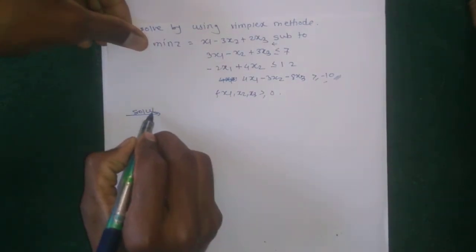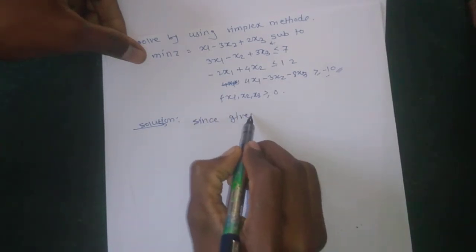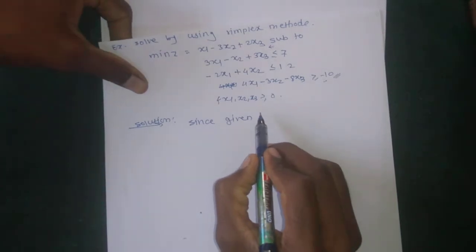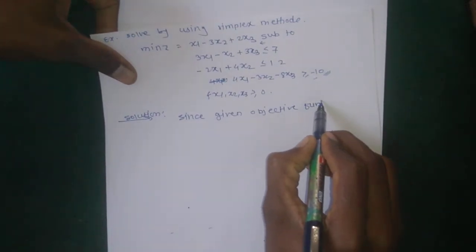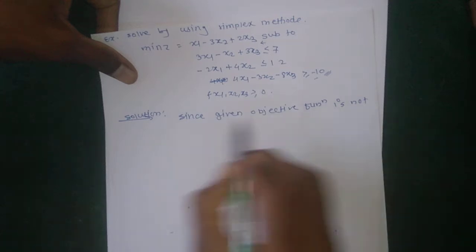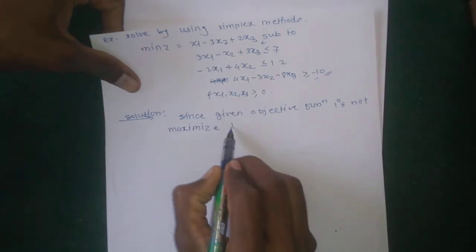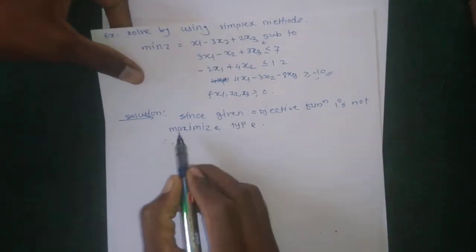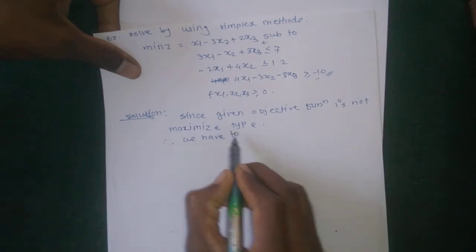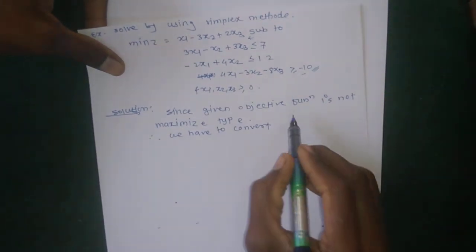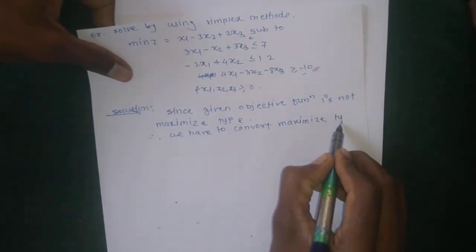Since in the given LPP the objective function is not maximized type, therefore we have to convert it to maximized type.